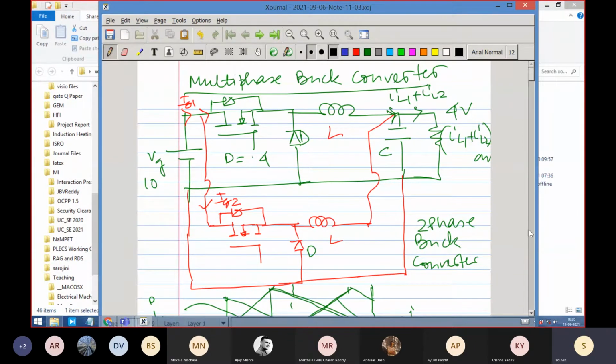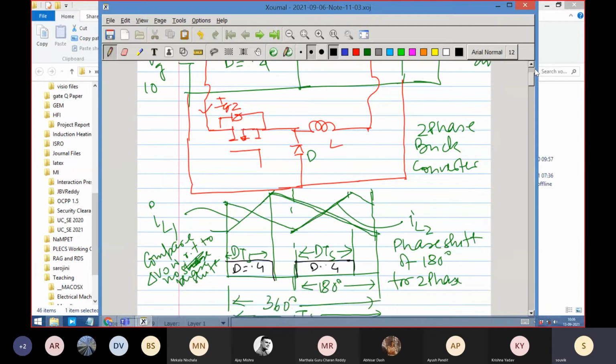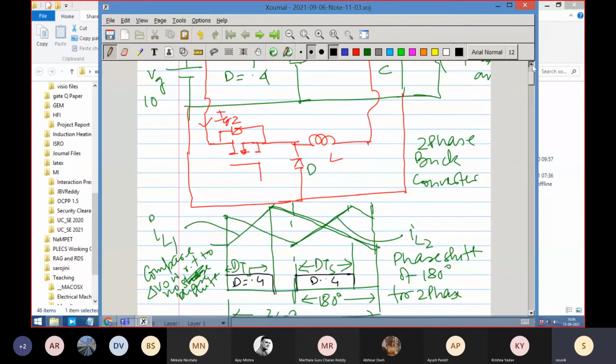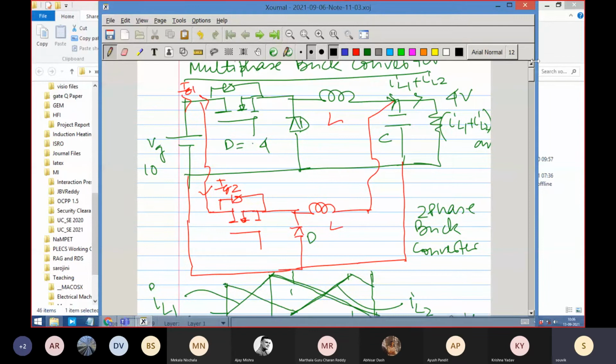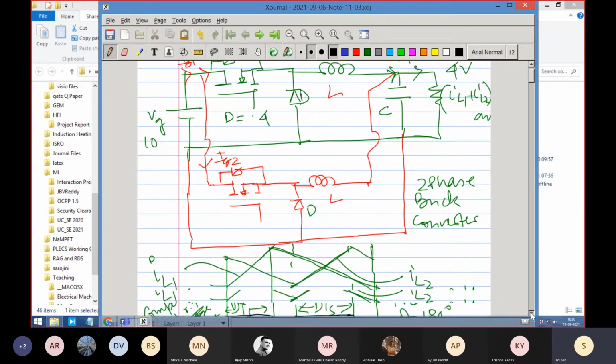The capacitor voltage ripple will come down compared to what? Compared to if there were no phase shift. If there were no phase shift, what would have happened? These two currents would have been in phase.